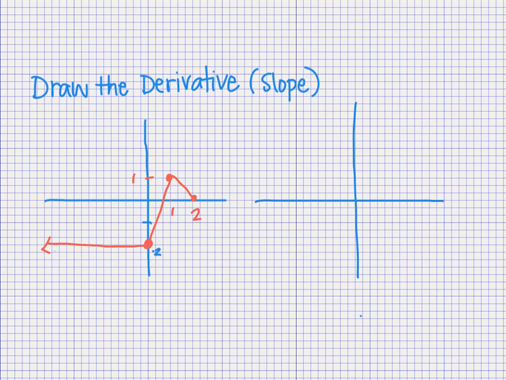So then your graph is going to go along 0 and end in an open circle. Anytime you come up to a corner, you need to have an open circle on your derivative graph. So for that whole section, the slope value is 0, so I draw a line that's worth 0.